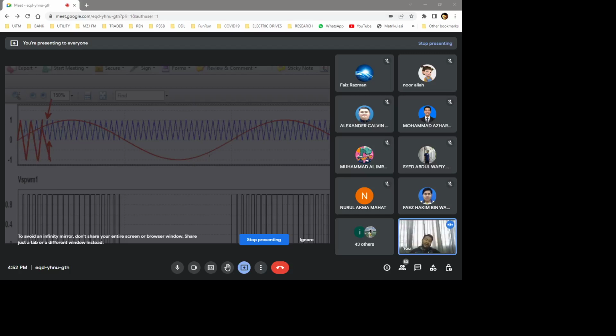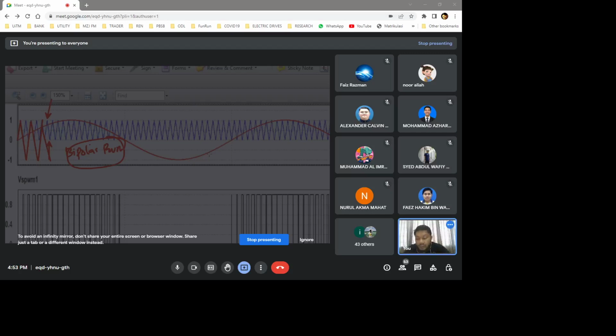Okay, so that is bipolar PWM. The circuits remain the same. You could have a half bridge or full bridge.